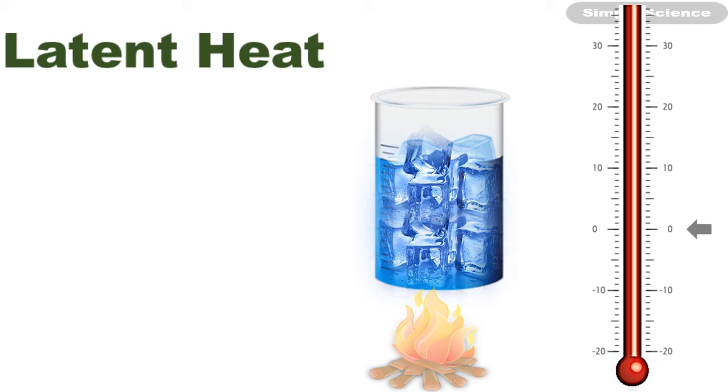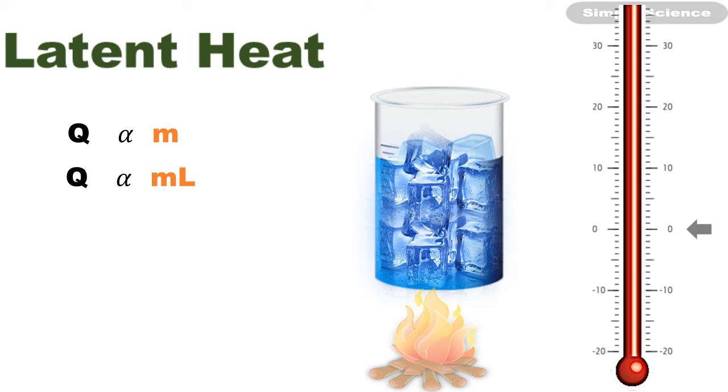Now suppose I increase the mass of the ice, will it take the same time to melt? No, it will take more time because mass is increased. So this latent heat Q depends on mass. So latent heat is equal to, this should not be proportional, this should be equal, Q = mL.